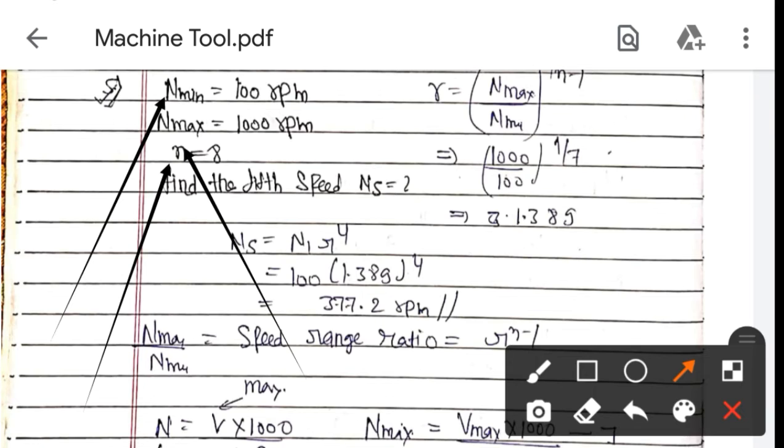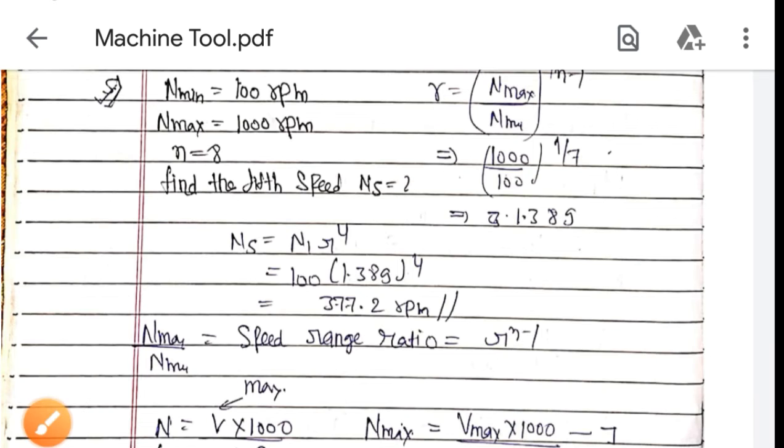How do we find the common ratio? We know r is equal to N max divided by N min to the power 1 over n minus 1. From here we get the common ratio between two consecutive spindle speeds, which is 1.389.